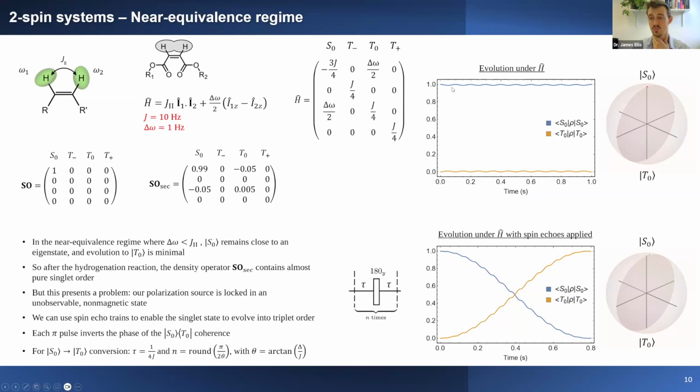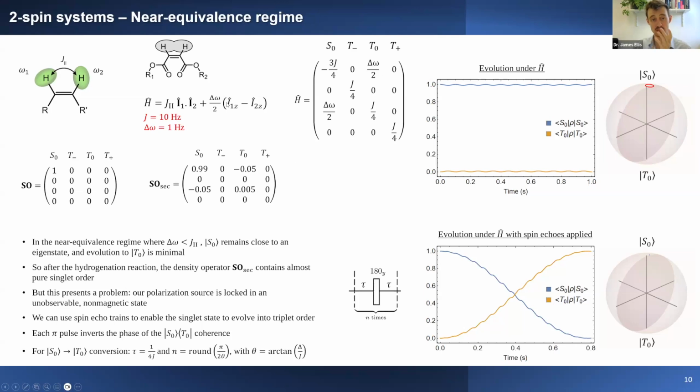And what we see is that after hydrogenating a single molecule, we do have evolution of the state, but it's small, as shown in this animation here. Our state will just evolve, but there's very little mixing between S0 and T0.